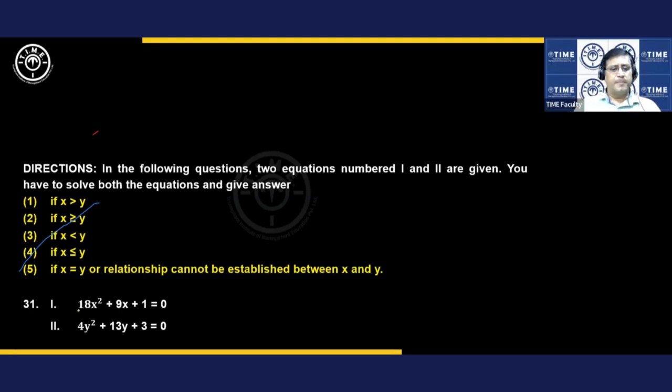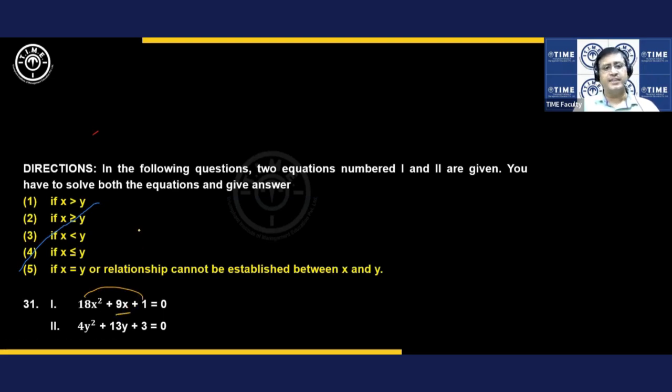Right, now look at this one. 18x square minus 9x plus 1. First of all, multiply the x square term with the constant. If the product is positive, then the sum of the factors is the middle term.